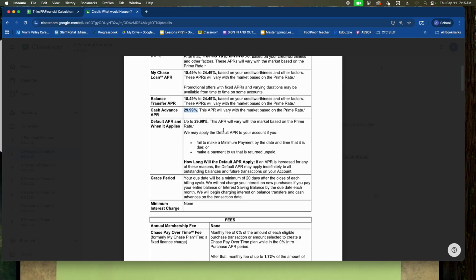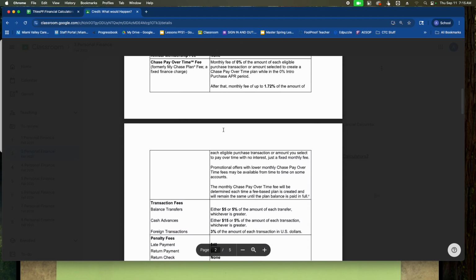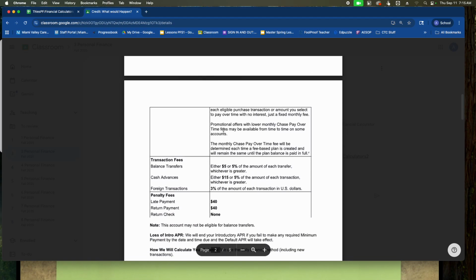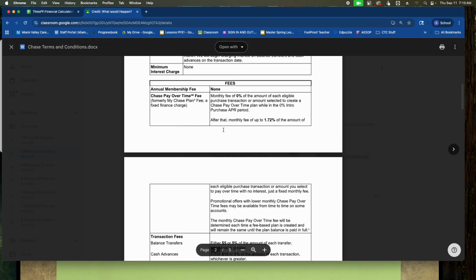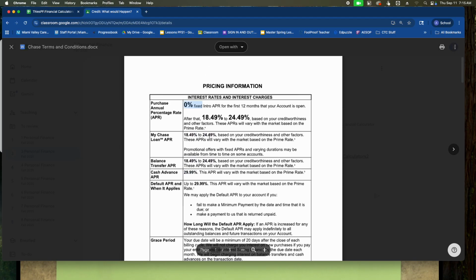And I will tell you that cash advances will start on the day, the interest will start on the day that you take out the money.